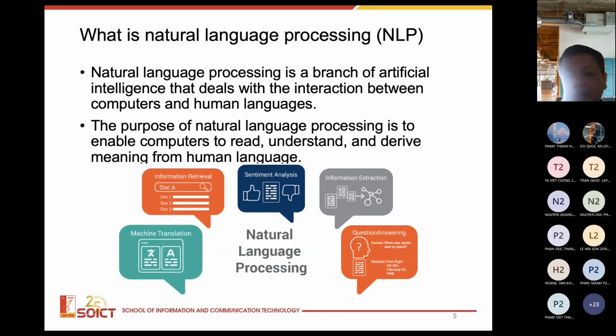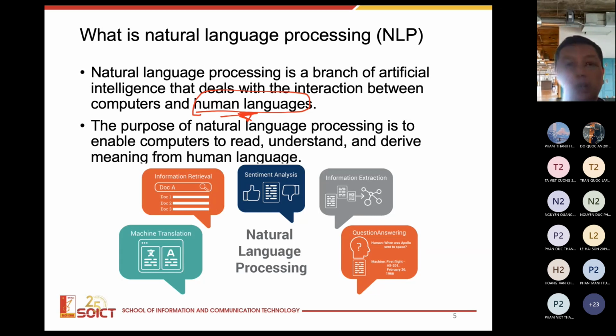But NLP is specifically focused on the interaction between the computer and human language. This is a key point to remember.